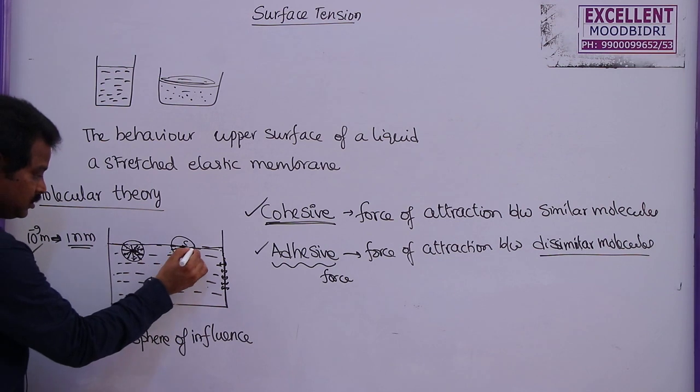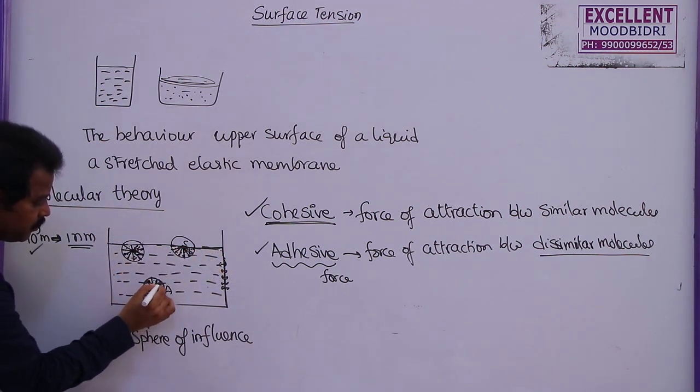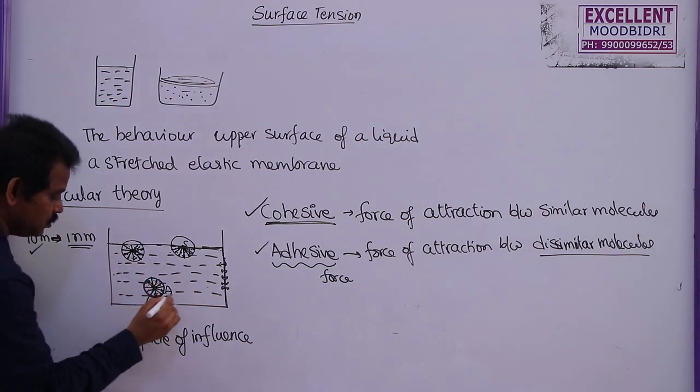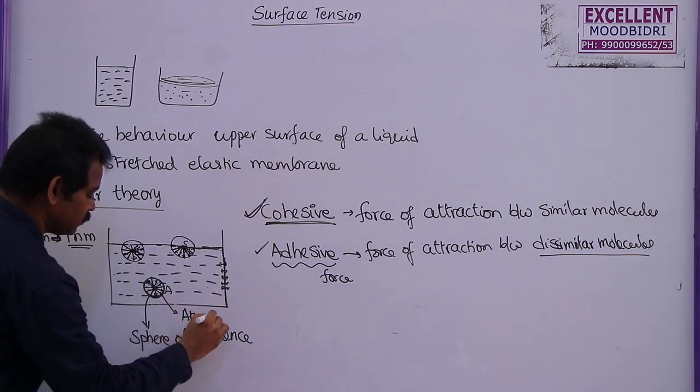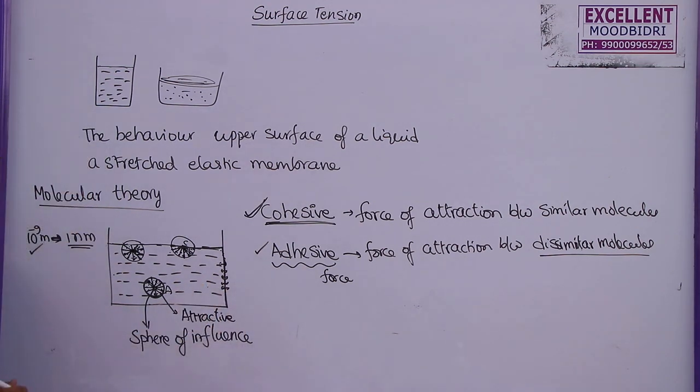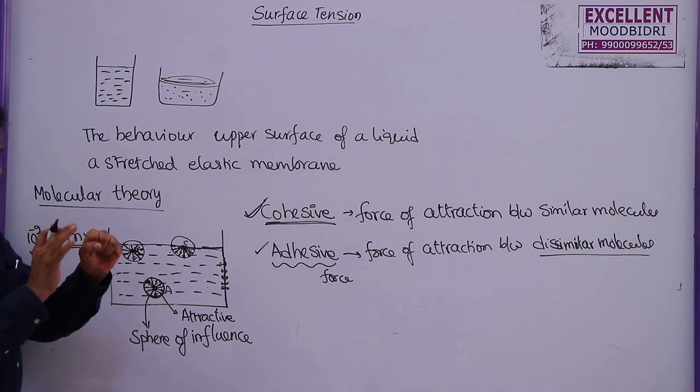Now, in this case, it is found that this molecule is attracted by all the molecules in its neighborhood. So this force is always attractive, as it is a cohesive force. So the net attractive force on this one should become 0. Why? Because it is surrounded by similar molecules, so the net force will be 0.